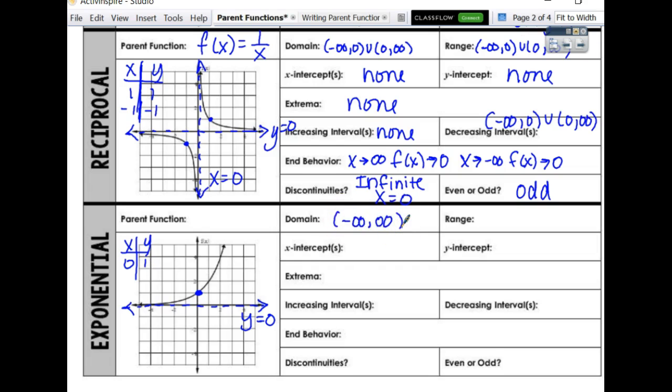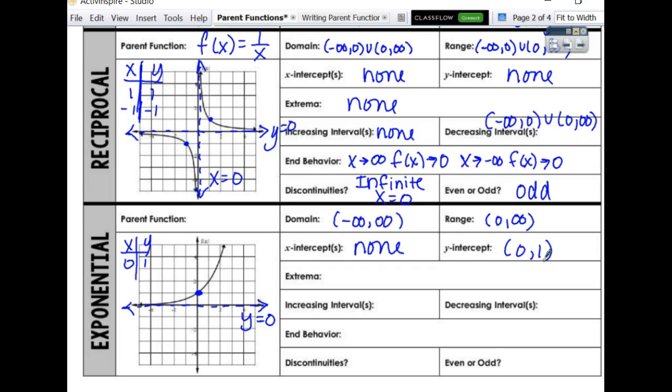And then what's the range? Yep. Very good. Okay. So, Michael, where's Michael? Michael, what is the x-intercept? None. And what's the y-intercept? Very good.